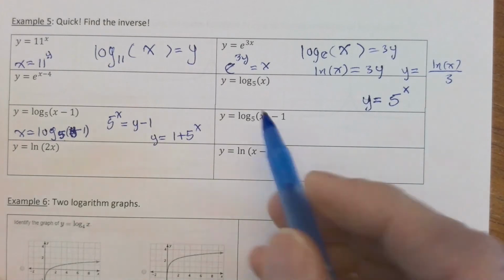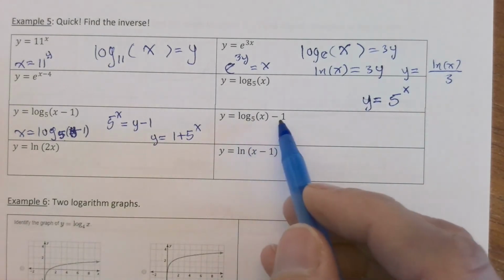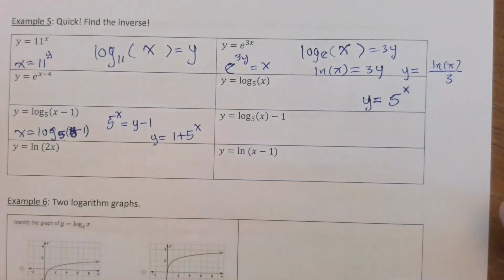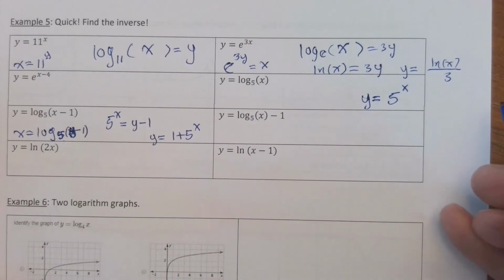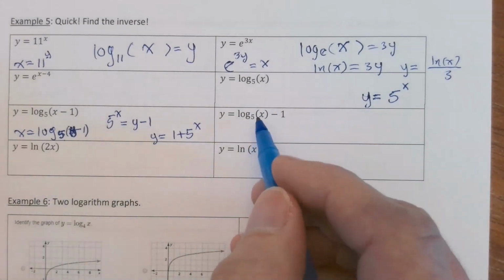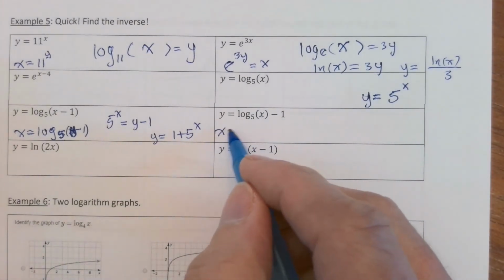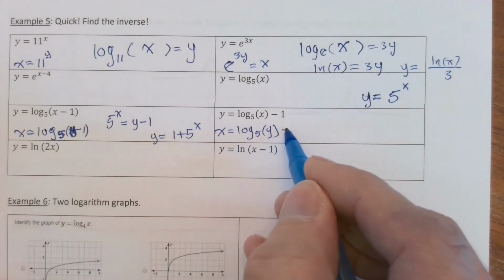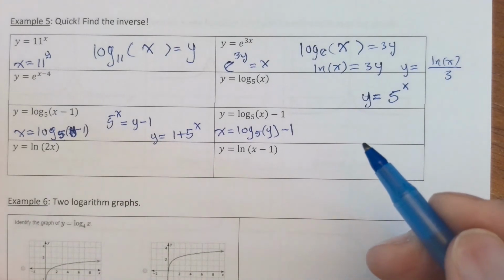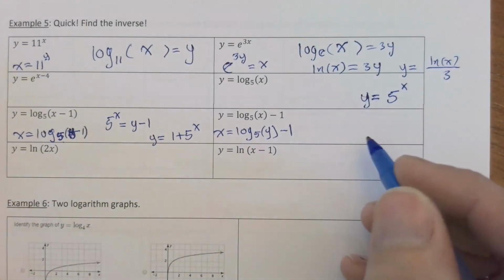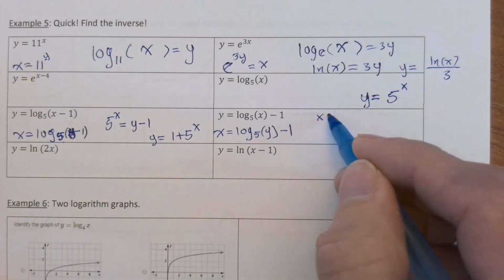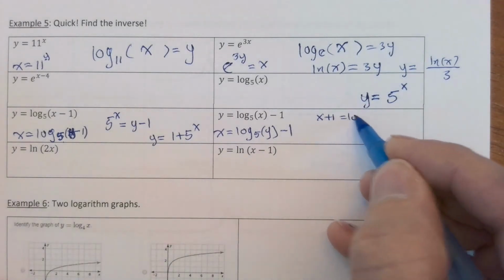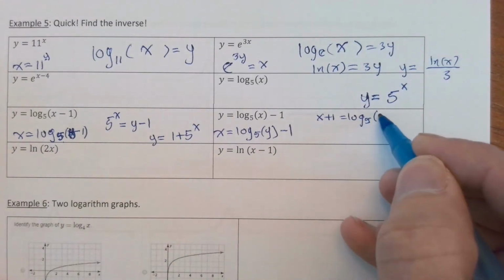Now this one says base 5 log of x minus 1, and the minus 1 is not inside of this argument. Nevertheless, what we did before will work. Trade places with x and y. So you have x equals base 5 log of y. I would, at this point, add 1 to both sides. So now I have x plus 1 equals the base 5 log of y.